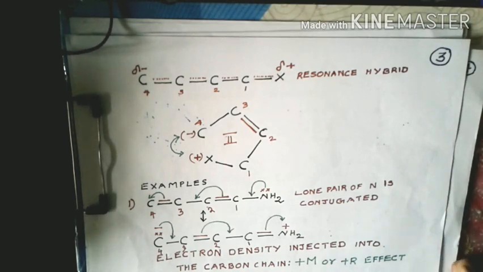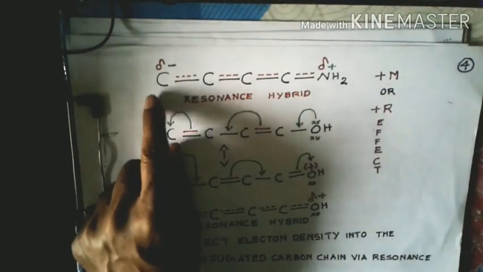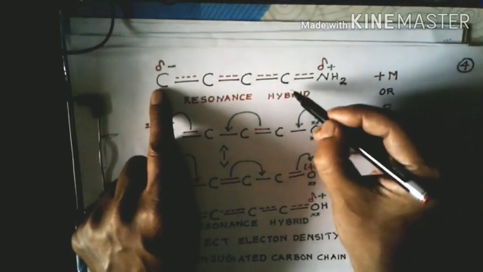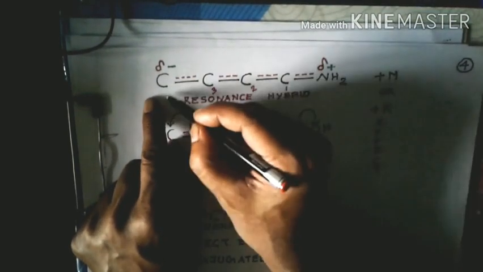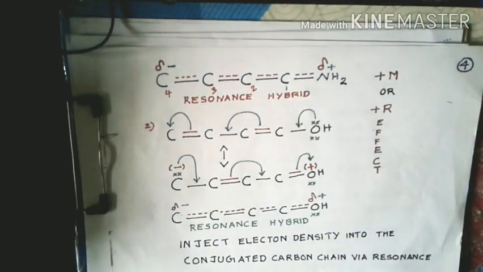We represent the resonance hybrid by such a structure where delta negative charge is carried by carbon 4 and delta positive charge is carried by nitrogen. Similar is the case with the NH2 group.